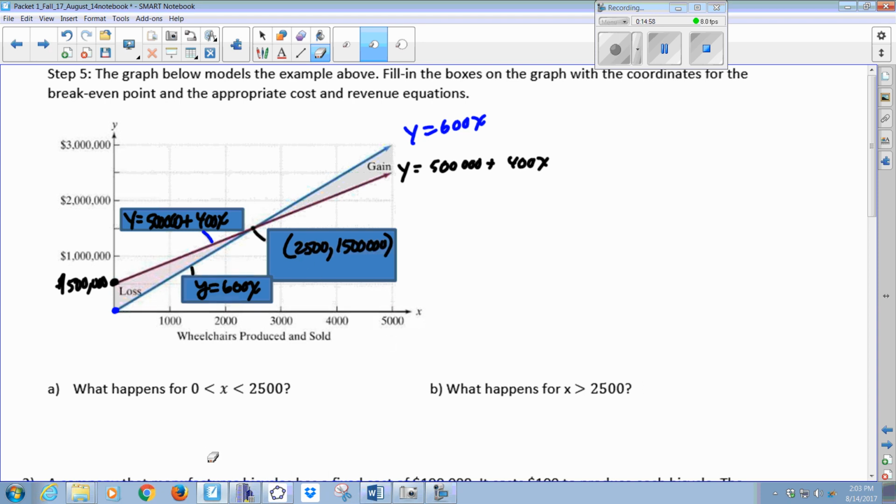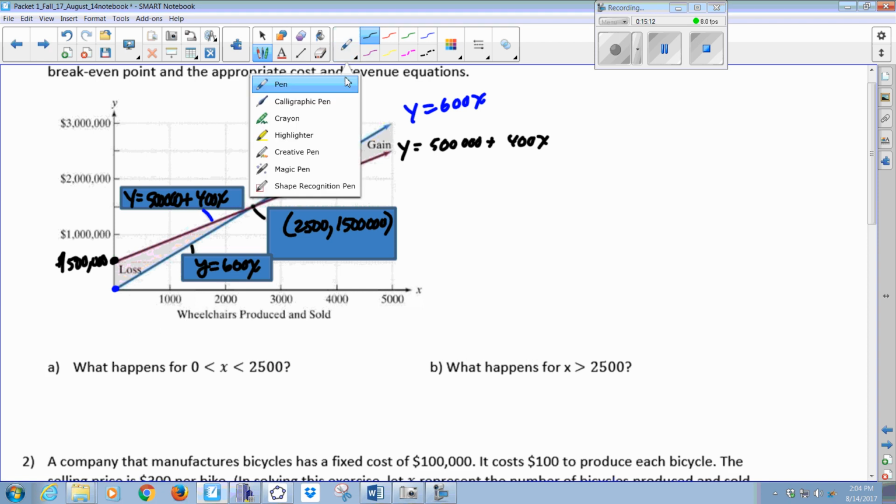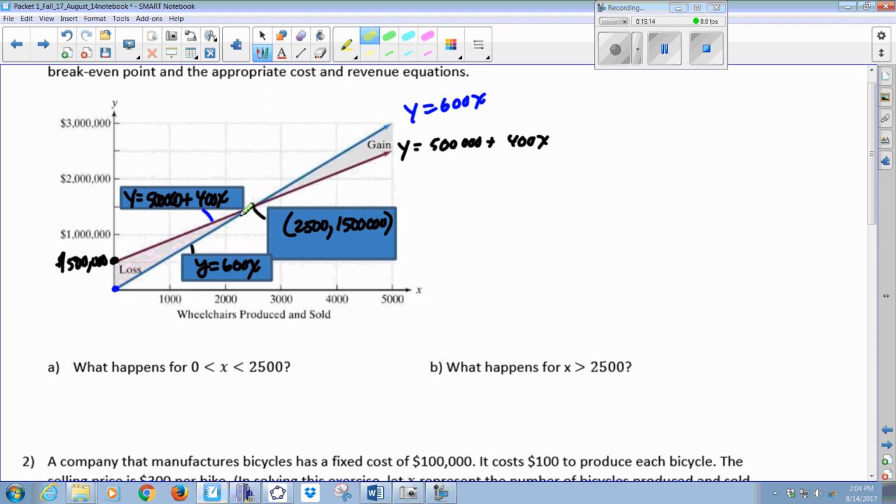So now the question asks us, what happens when the number of wheelchairs, which is x, is between 0 and 2,500? So that means you're looking at the portion of the graph that is below the intersection point. That's this portion right here.